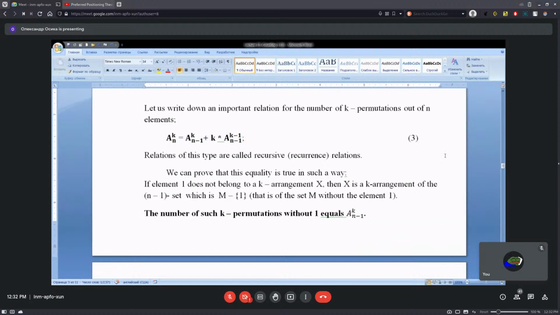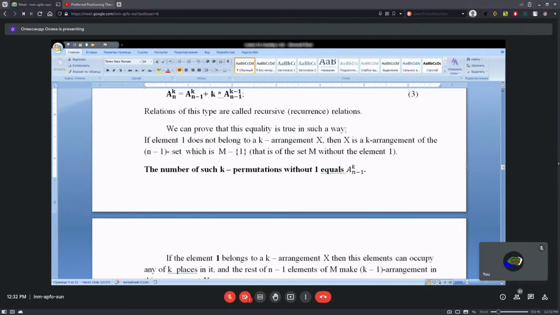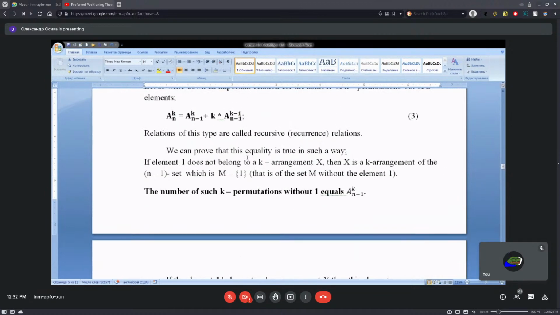And by the way, a majority of the following formulas that we are going to obtain later can be easily obtained if we are skillful in applying the rule of sum and product. So we can prove the validity of this equality.